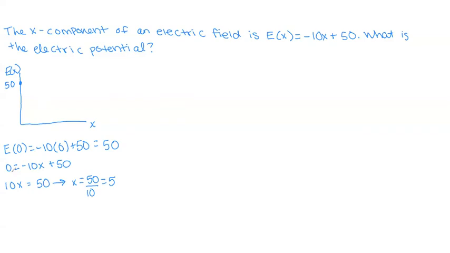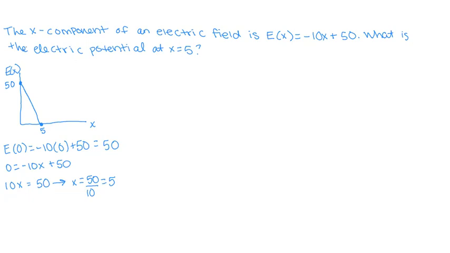Perfect. So this is basically saying where y, or E of x in this case, is 0, x is 5. So we're going to do 5. And this question should actually be saying, what is the electric potential at x equals 5? So we can see that we have a line that's going to look like this, just to visually show what that looks like.